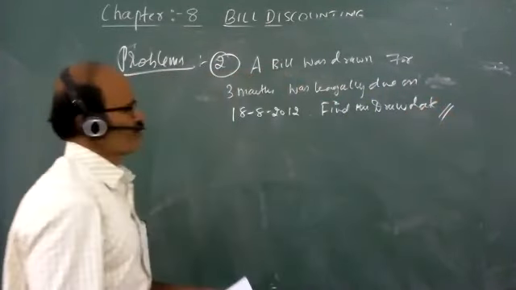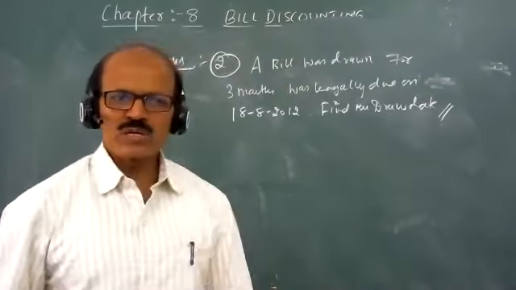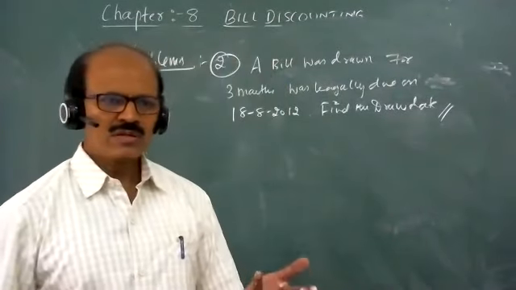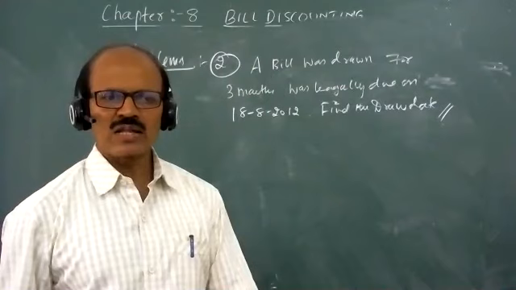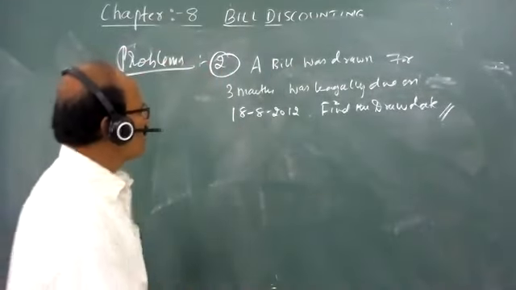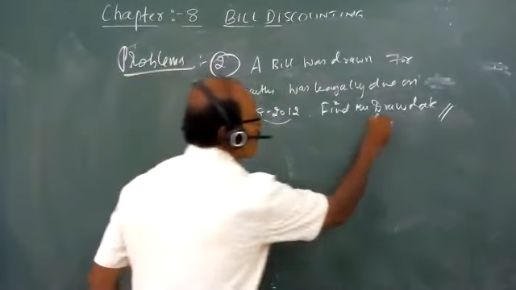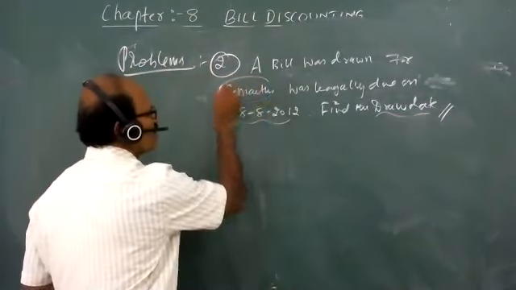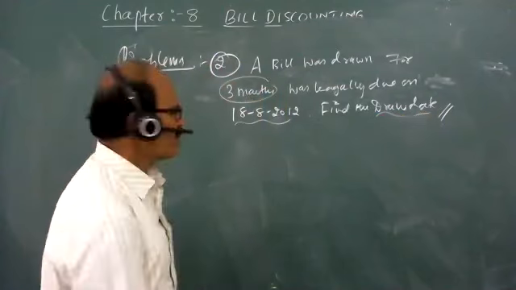In the earlier question, what happened? They gave the draw date and the bill period, and we calculated the due date. Now, the reverse. They have given the due date, and we calculate the draw date. What is the formula here?